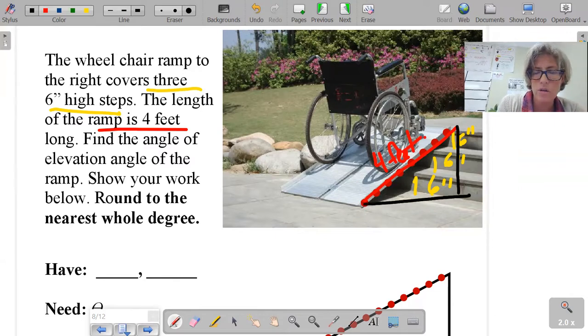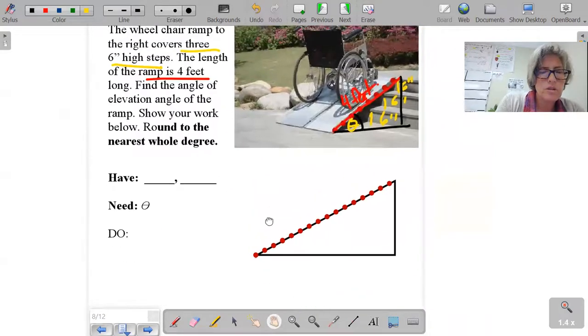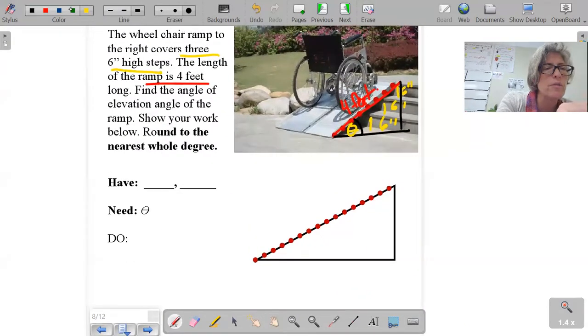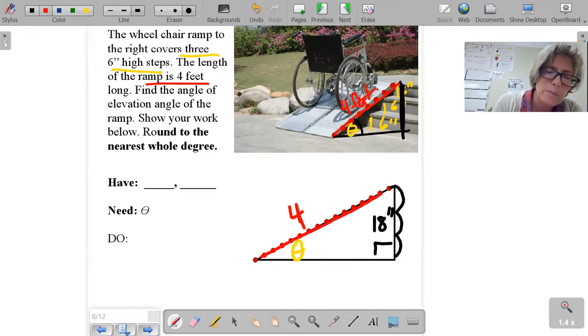There is a right angle here, so we're being asked to find this angle of elevation of the ramp, round to the nearest whole degree. So let me bring down this information here. This is 6 inches, 6 inches, 6 inches, which means it's 18 inches. Your theta that you're trying to find is right there. This is 4 feet.